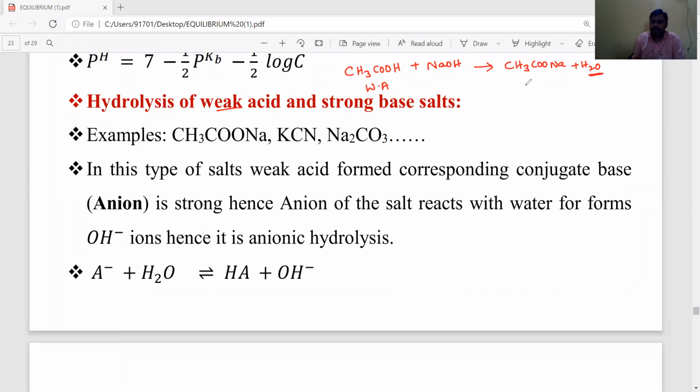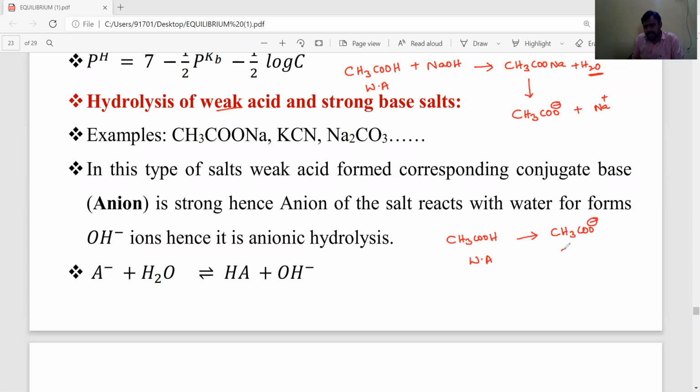In water it produces CH3COO minus and Na plus. Among these positive and negative ions, which is strong? Because CH3COOH is a weak acid, it forms the corresponding conjugate base.